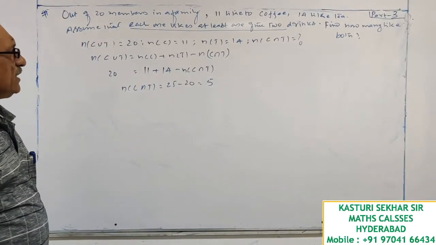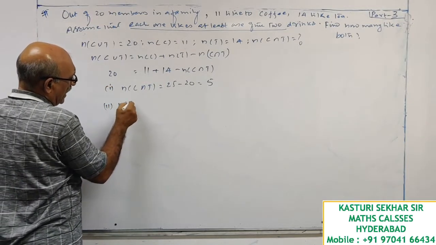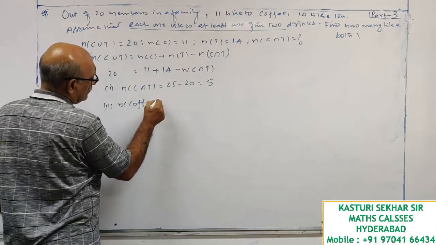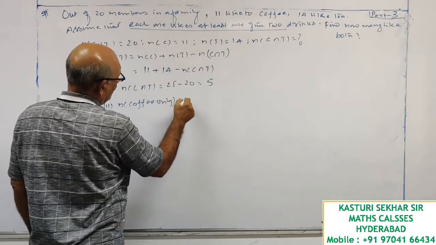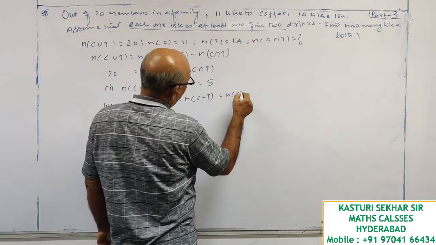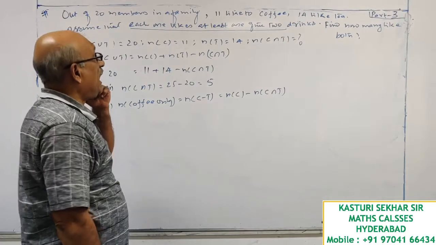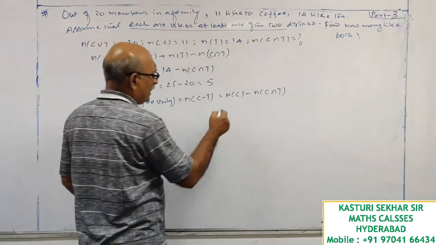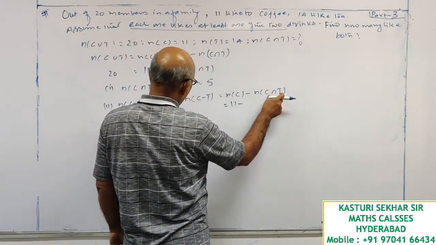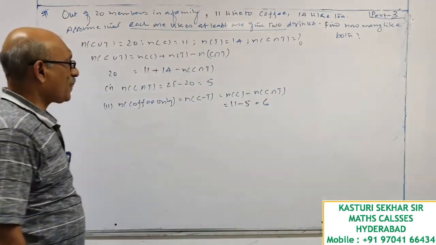So let us calculate the remaining two parts also. N of coffee only. This is n of C minus T, n of C minus n of C intersection T. N of C, how many like coffee? 11 minus C intersection T 5. So 6.